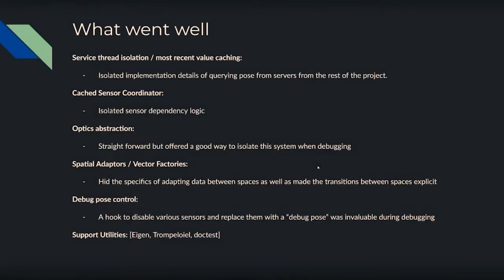For what went well, I think it's a pretty straightforward thing to do, but isolating the service communication in their own threads and caching those made that very straightforward to mock out when testing, as well as made it pretty straightforward to add and configure a different environment sensor during driver initialization.